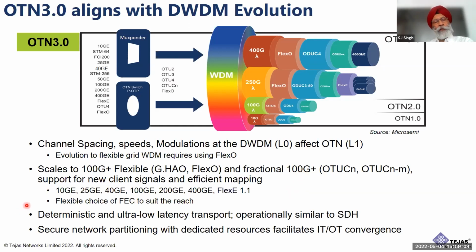One of the things that was important in OTN was the need for ultra low transport latency. So I had mentioned earlier that the frame time in an SDH frame was 125 microseconds. So no matter what you did, you had to wait for the frame to know whether there were errors, whether the data was reliable.